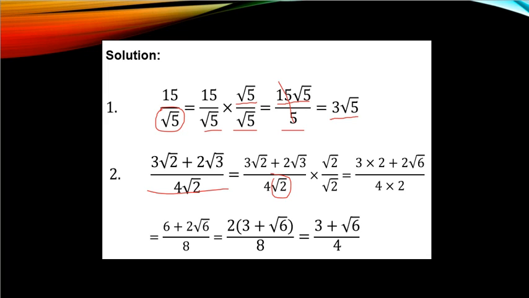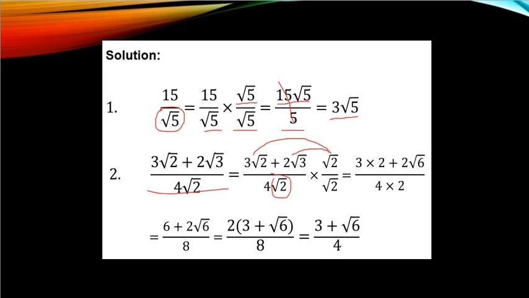To do that, you use root 2 to multiply the numerator and denominator. So here, when we expand, you use 3 root 2 to multiply root 2 and 2 root 3 to multiply root 2. Just a single number there.